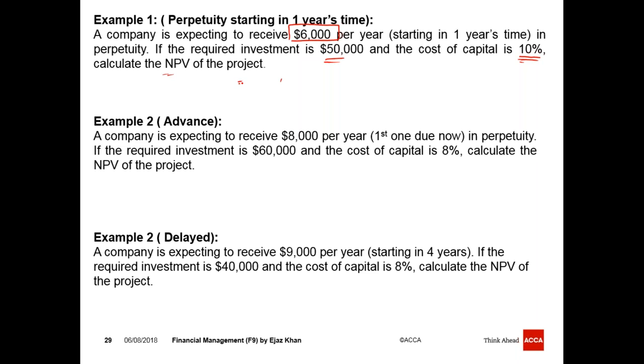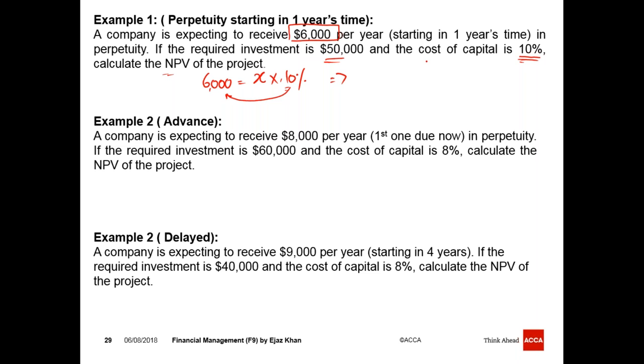We don't know that amount, so we'll suppose it's X. And this company wants X to be such that when it takes 10% of this amount, it equals $6,000. If this happens, it means this company will generate 10%. So we just need to find out 6,000 is 10% of which amount. Just divide it by 10% and we will know what the maximum value should be.